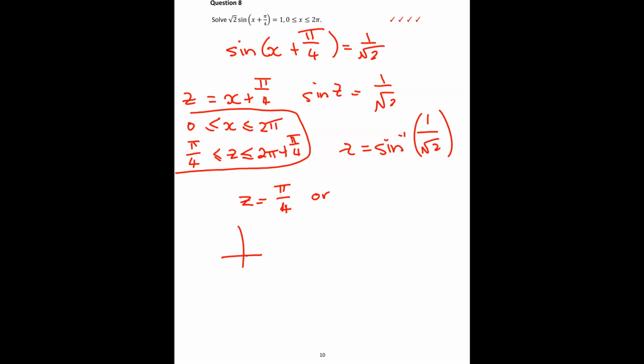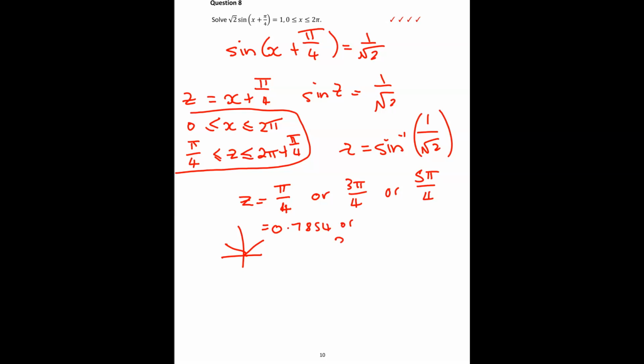It will be this one and then that one. So it would be 3 pi over 4, or the next one would be 5 pi over 4. Now, if you'd done it on your calculator, you wouldn't see the pi's.